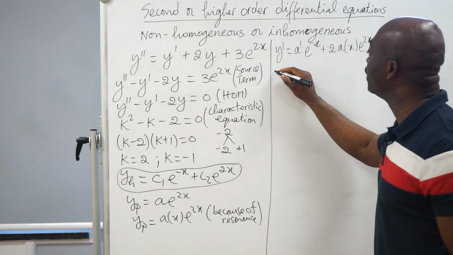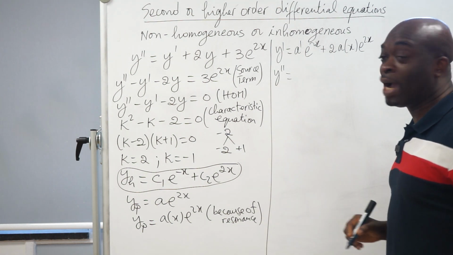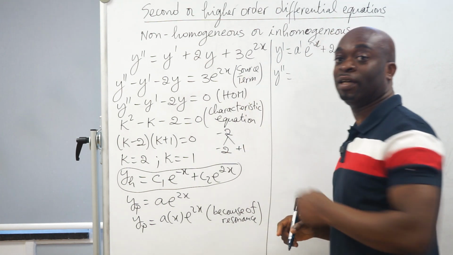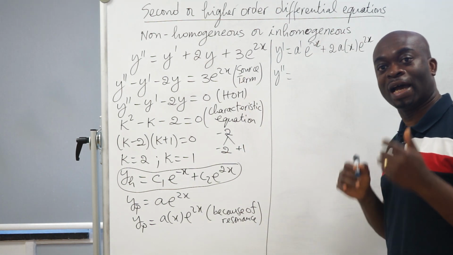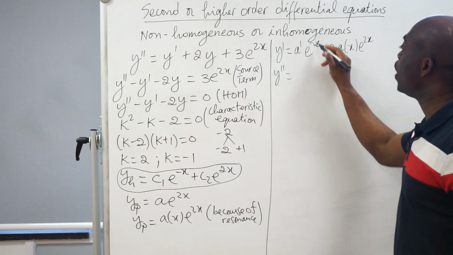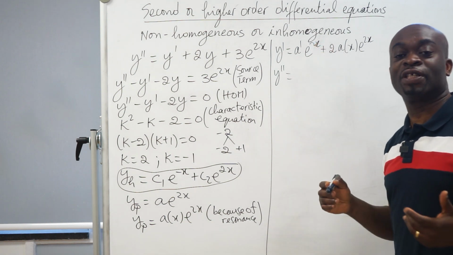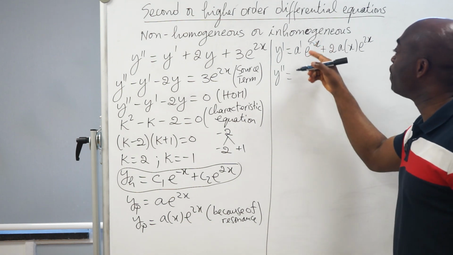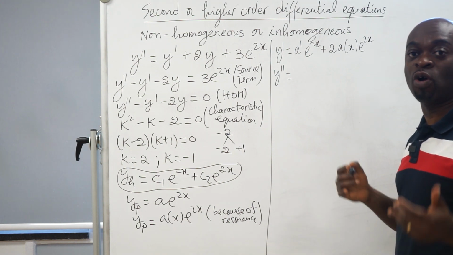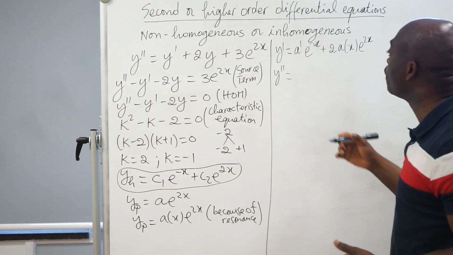Now we have to find the y double prime, because we need those two in order to get back into this equation and find our a. That's the reason why we're doing it. So let's go at it. Here also we have two functions, a prime and exponential 2x, so we do the same thing as before with the derivative of a product.